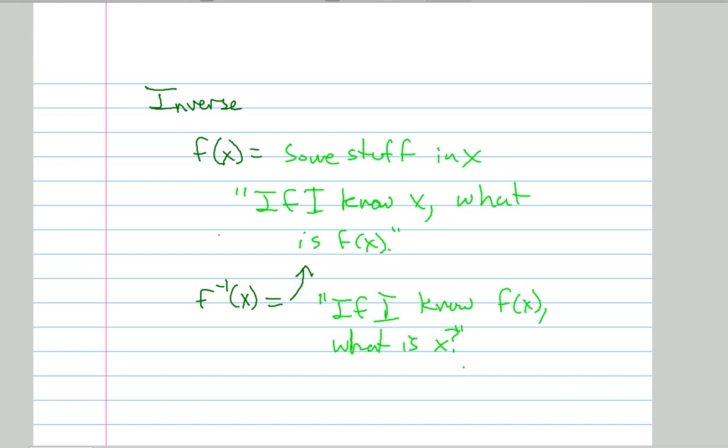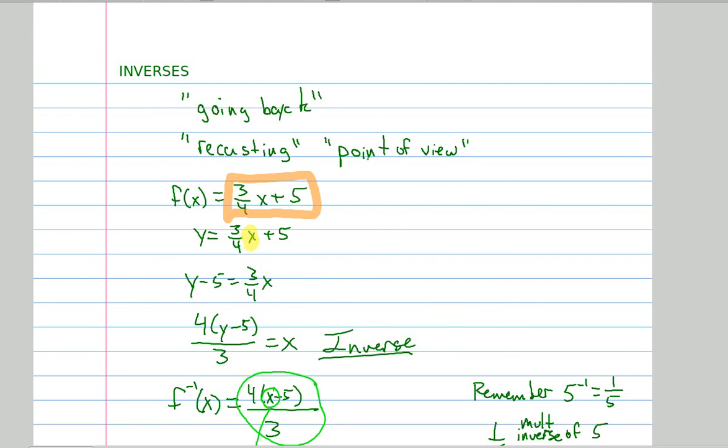And again, this is coming back to the idea of recasting a different point of view. The inverse is dealing with the same function, but it's just looking at it from a different point of view. The f of x says, I know x, what's f of x? The inverse says, I know y, what's x?